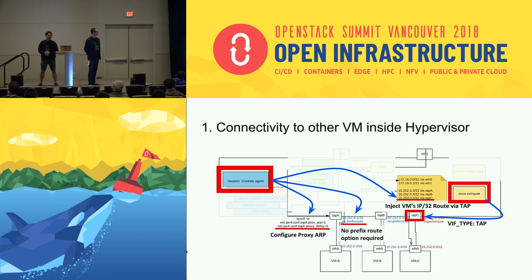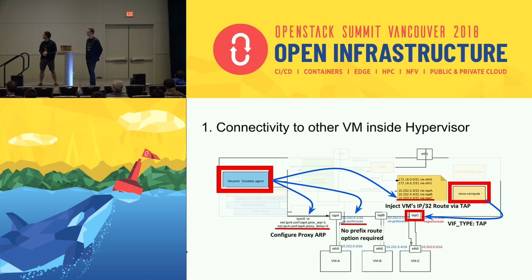Nova Compute creates just tap devices for the VMs. And the L2 isolated agent, shown on the right side, detected that new tap device and configured the proxy for that tap device and configured the gateway IP with no prefix route option, preventing it from injecting the prefix-based routing information.